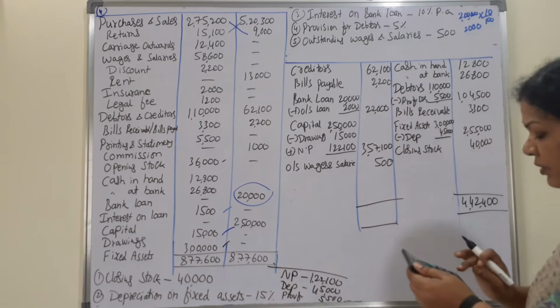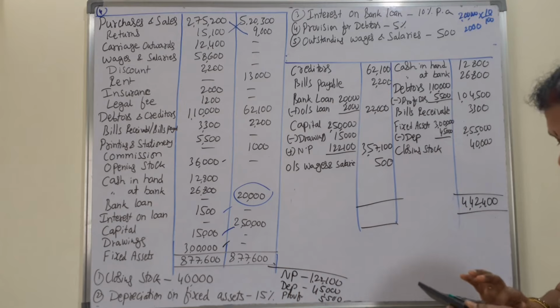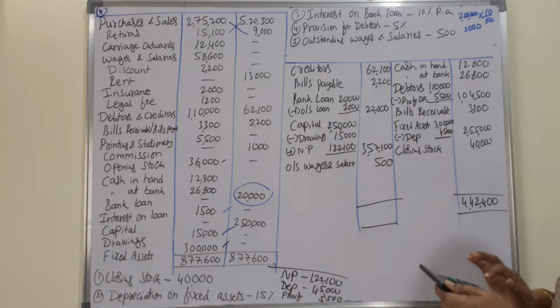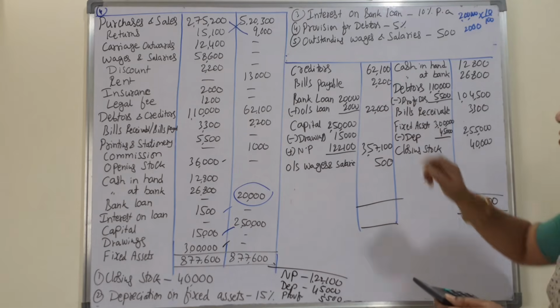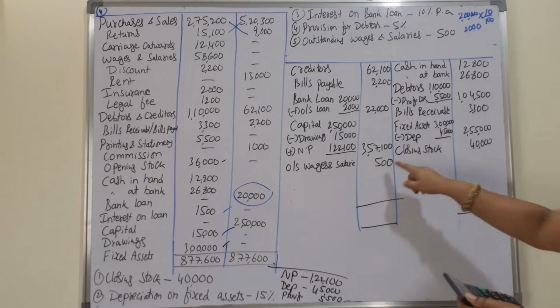Now we'll total up everything. 3,57,100 plus 62,100 plus 2,200 plus 22,000 plus 500.